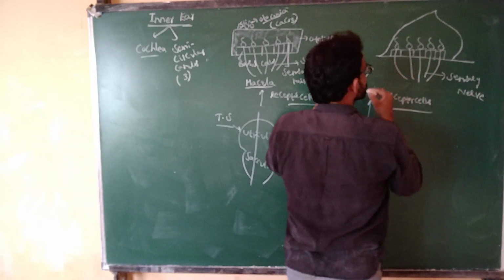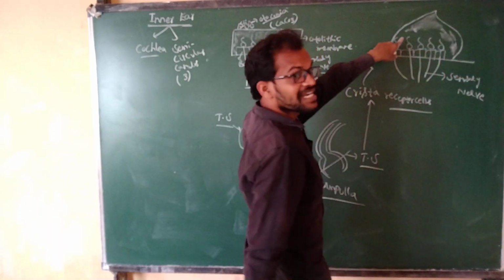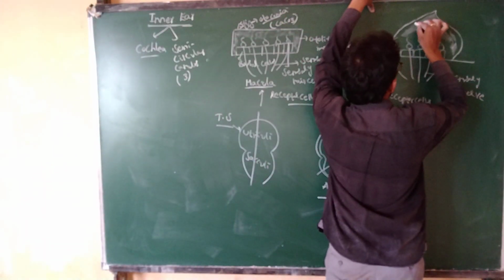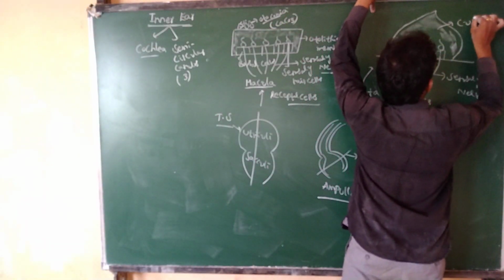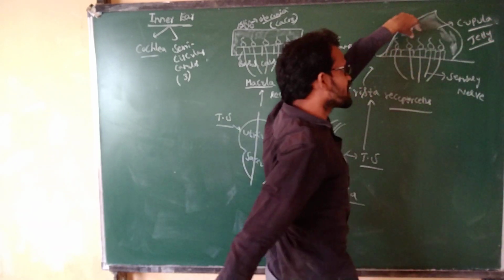This is filled with a jelly-like material, but here the otolithic membrane and calcium carbonates are absent. What is the name? The cupula, a jelly-like material.